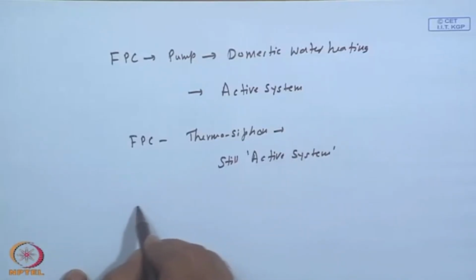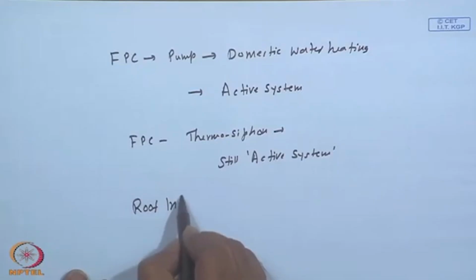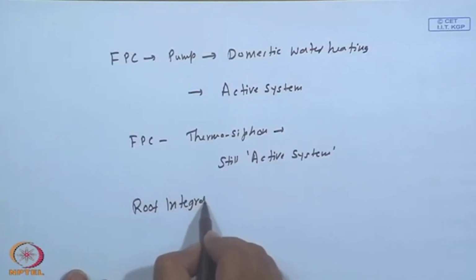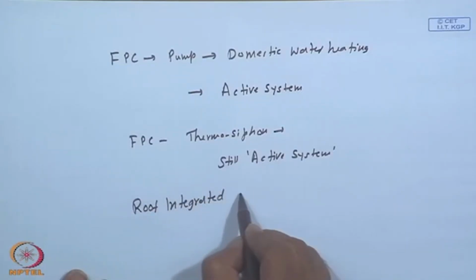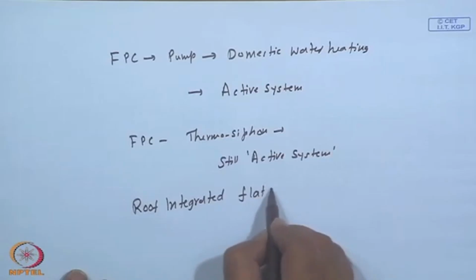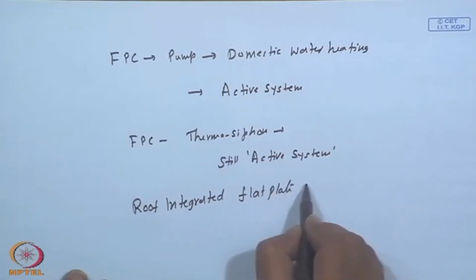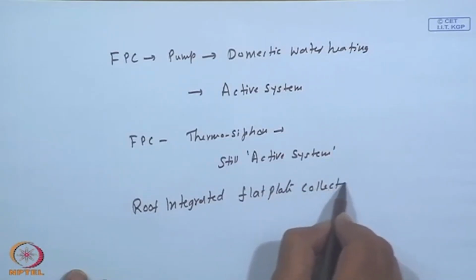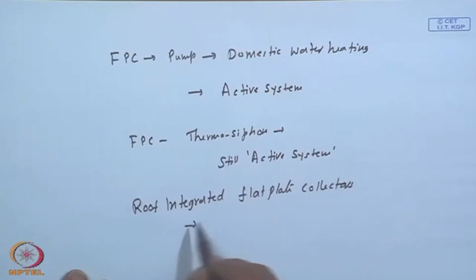Then, for example, roof integrated flat plate collectors are still an active system.